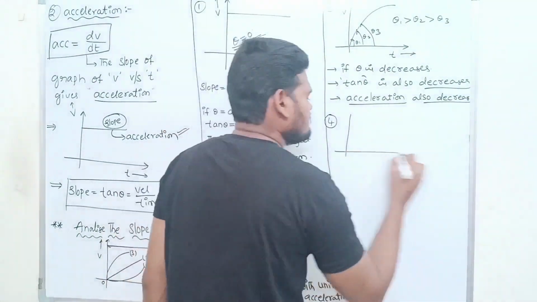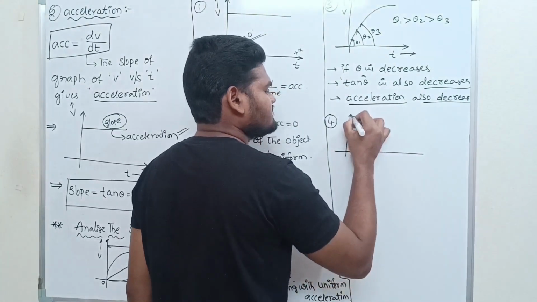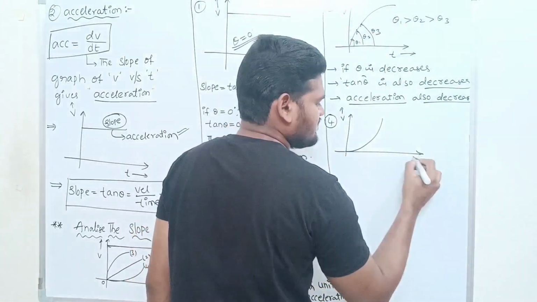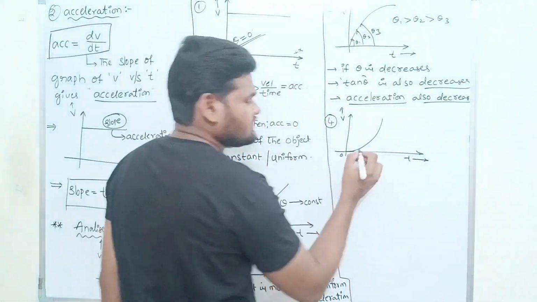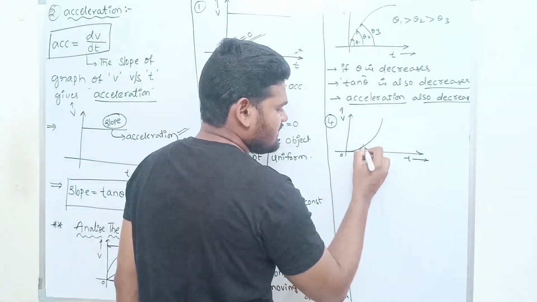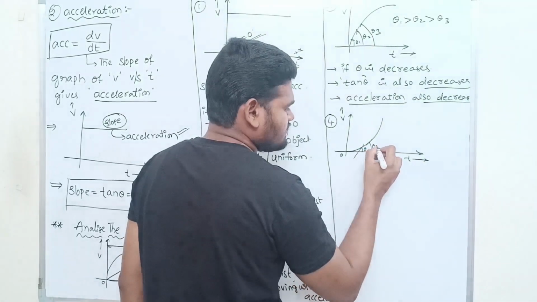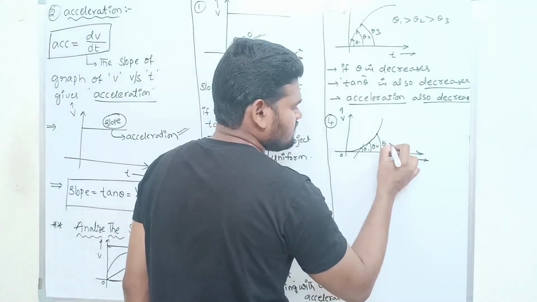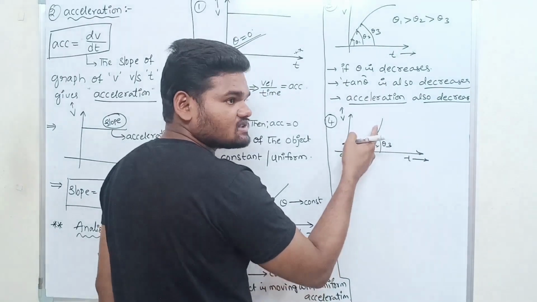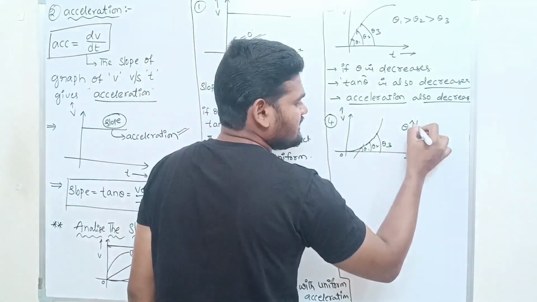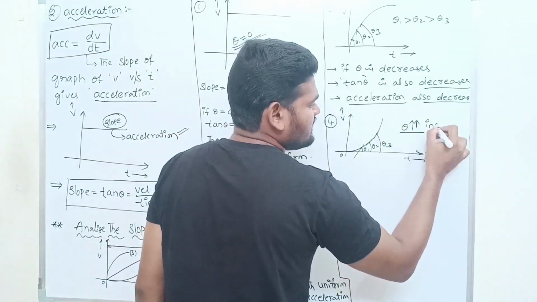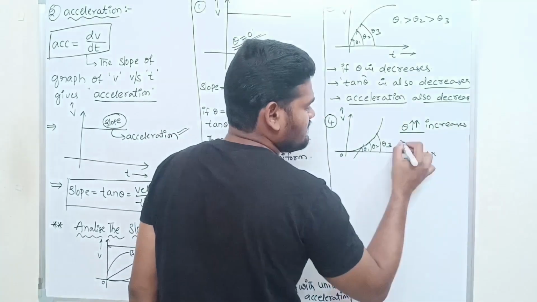So what is the fourth graph? The fourth graph is like this. This is velocity and this is time, origin O. In this case, the angles are theta 1, theta 2 and theta 3. With respect to the points on the slope, the angle made with the positive x-axis increases.